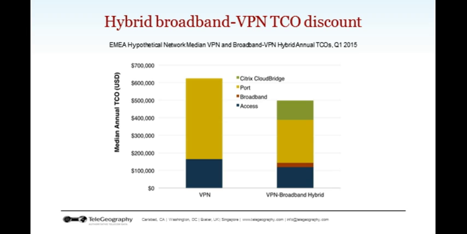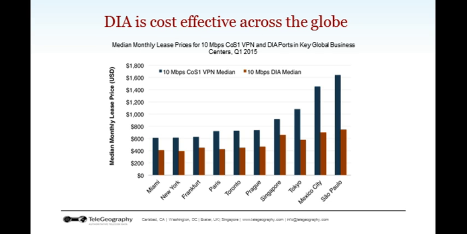All those broadband subscriptions at the original MPLS capacity size or greater come in at about $25,000. And then Carl shared with us the cost, based on that original MPLS site list and capacity list, of what the Citrix Cloud Bridge 1-year TCO would look like for those sites, and that comes out to about $110,000. We put all of those together, and that gets us to about $500,000. So we've gone from all MPLS down to a network that includes broadband and Cloud Bridge, and still saved about 20%.